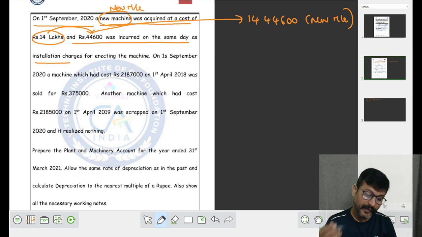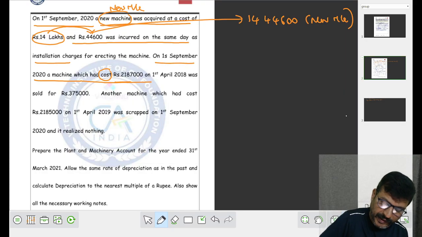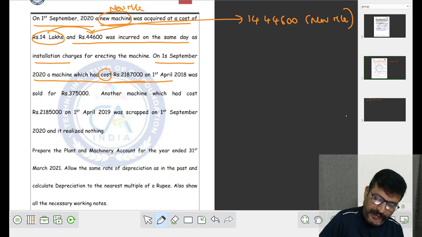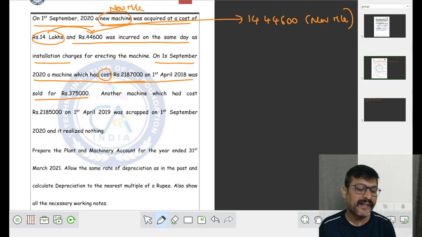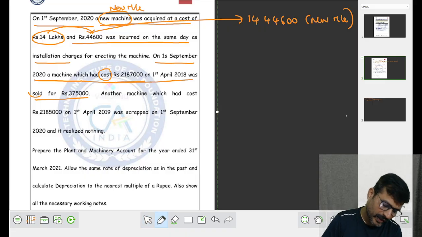Fine. On September 2020, on the same date, a machinery which cost rupees 1,87,000 on 1st April 2018 was sold for rupees 3,75,000. What they did? They sold. What they sold?